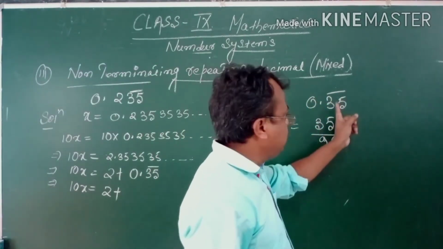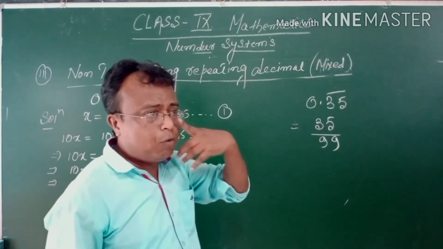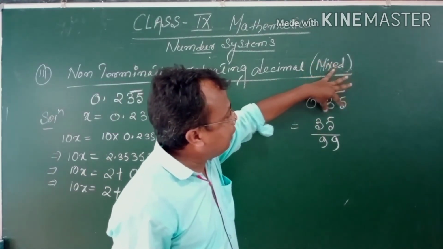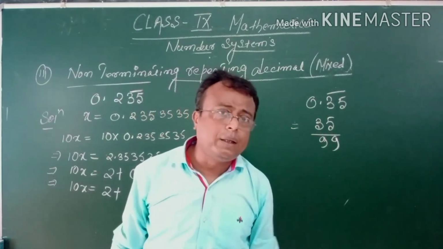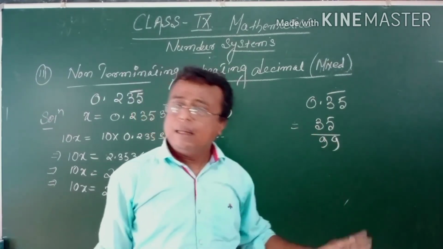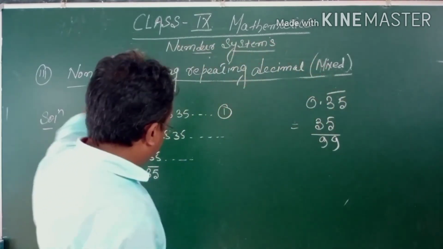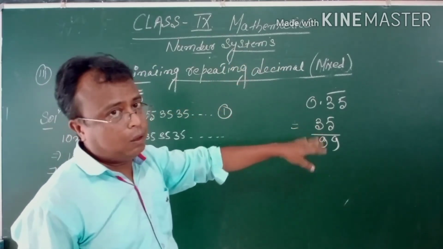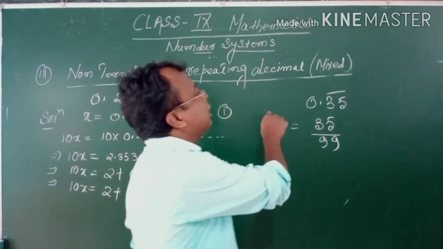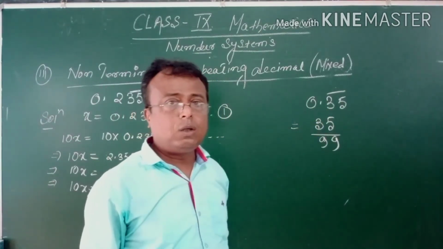I have to express this in P by Q form, so just write down 35, and if two digits are repeating, divide by 99. If one digit is repeating, you divide by 9. Like this we proceed. Only while you are converting mixed form, you just apply this. If the question is to express 0.35 bar in P by Q, then this will not work.